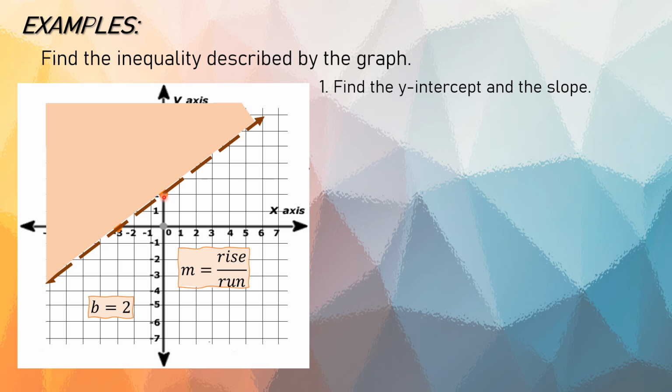So, ang rise natin, as you can see, pababa. So, ibig sabihin negative yung ating rise. So, that is 1, 2. Next, pakaliwa naman, so negative din, papunta sa -3, 1, 2, 3. Therefore, ang ating slope ay -2 over -3 or 2 over 3 because negative times negative is positive.